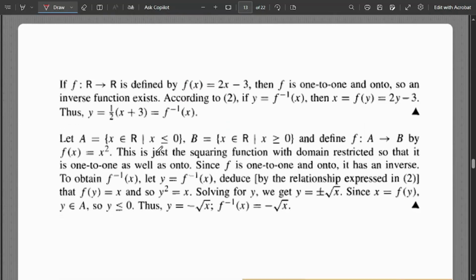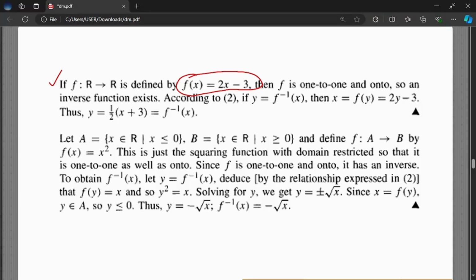Next, here we have two examples. Suppose we are defining a function f(x) from real numbers to real numbers by 2x minus 3. It is clearly one-one and onto, because for every real number I get a real number.